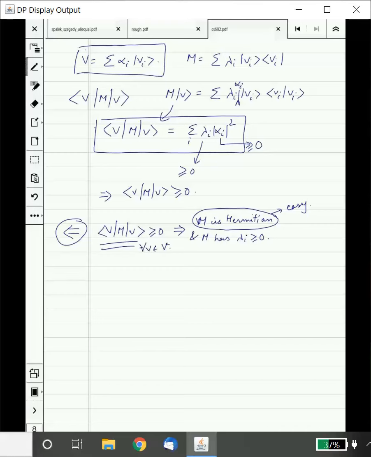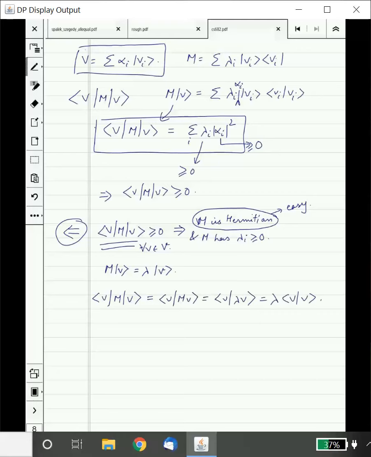This you can show. Now our job is to show that all the eigenvalues are non-negative. That is not very difficult. Suppose lambda is an eigenvalue. That means Mv is equal to lambda v. If this is the case, consider the quadratic form v*Mv. This is v* lambda v, which is lambda times v*v.